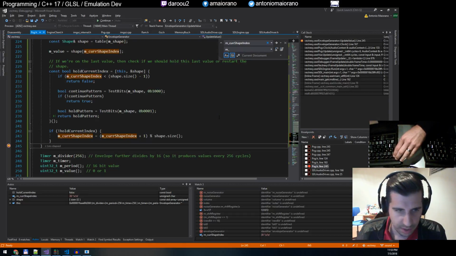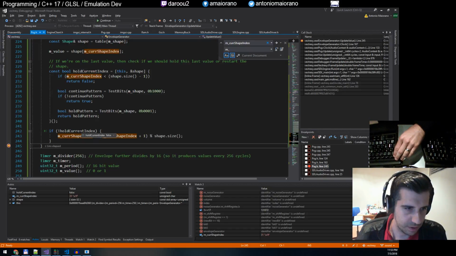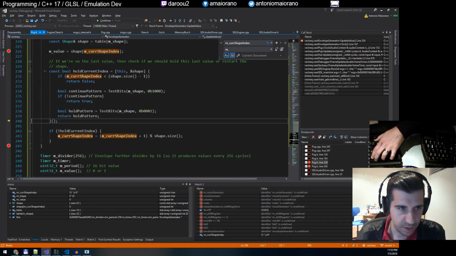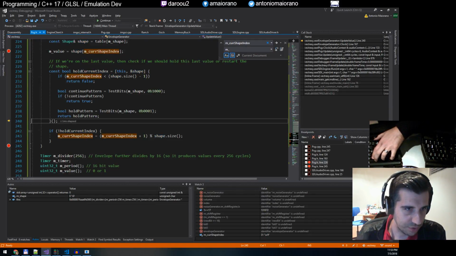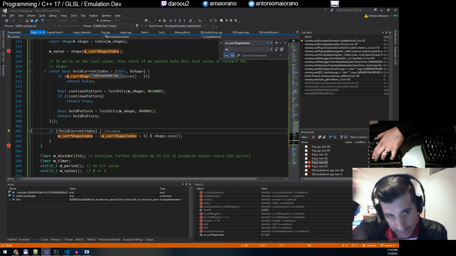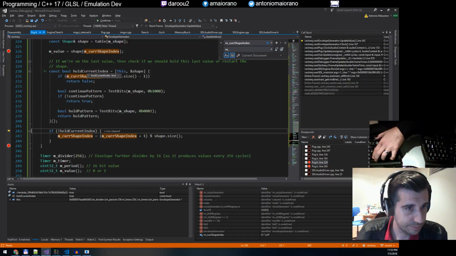Gets to 30, 31. So at this point, hold current index is false. No, so the next time, we're at 31. Now we ask the question if we should hold the current index, and now it's true. This is what we expect.